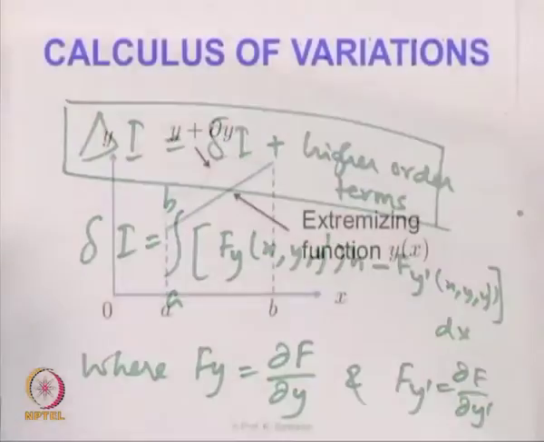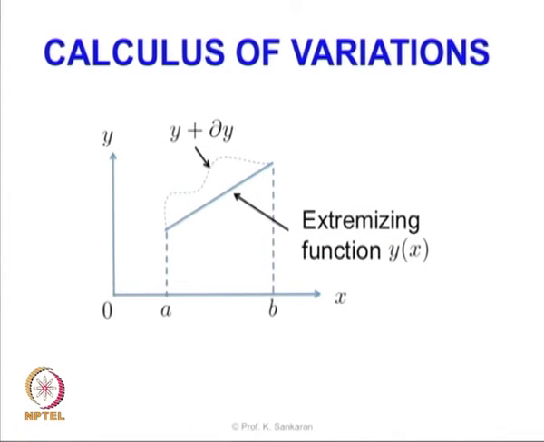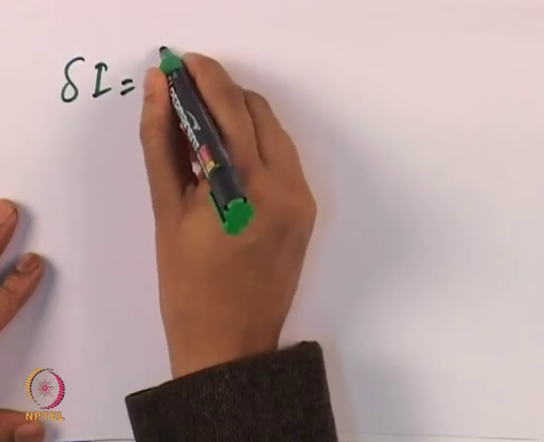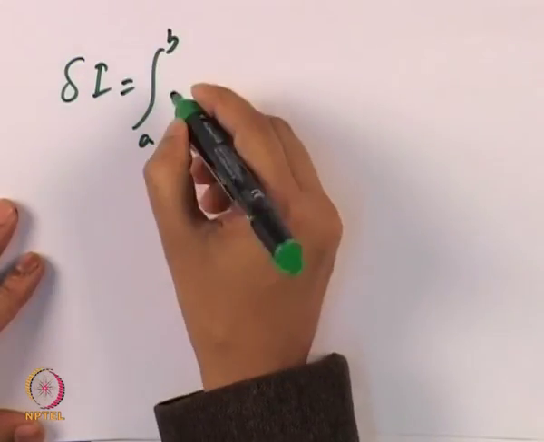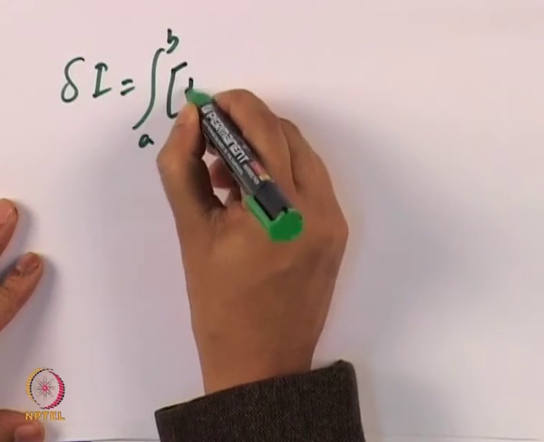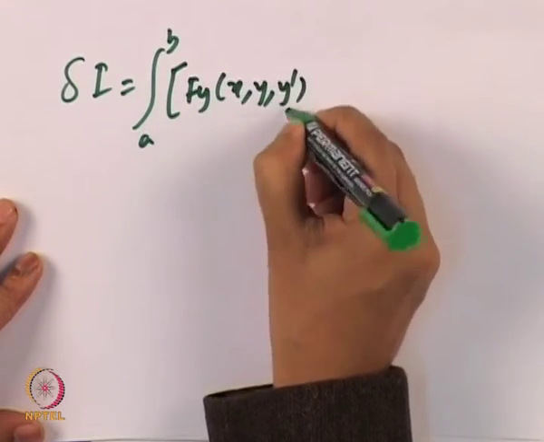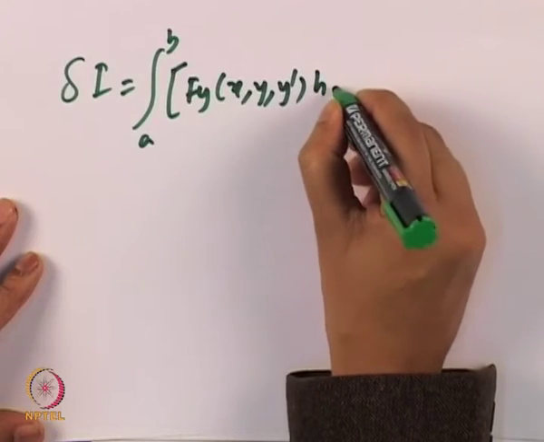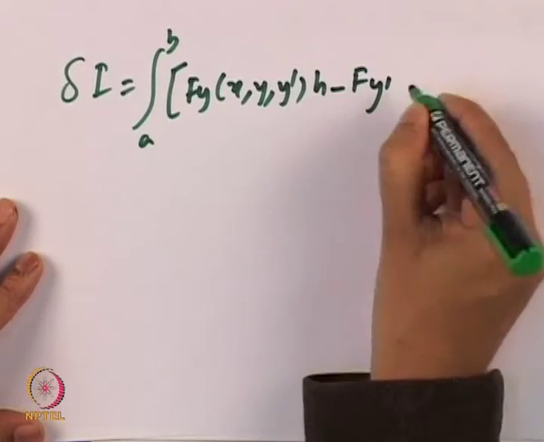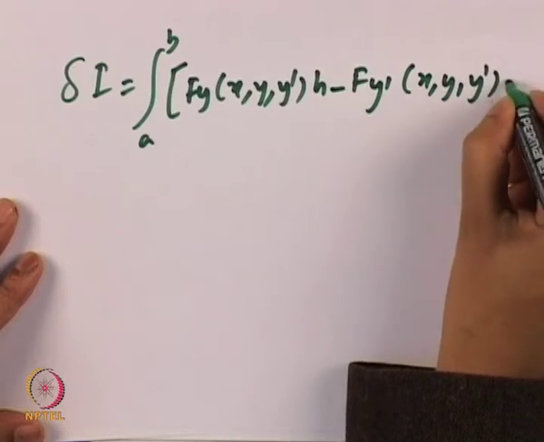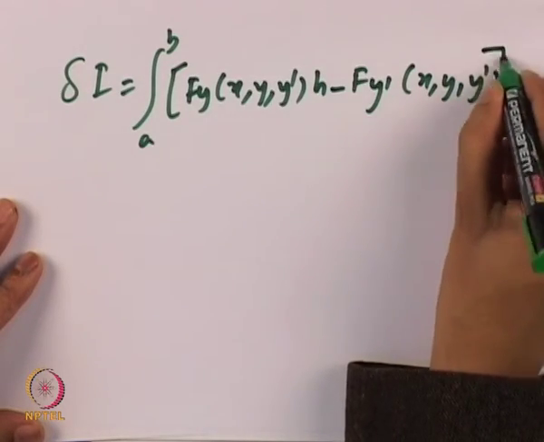So what we will do now is apply the method of integration by parts. Initially we have dou I equal to the integral from a to b of f of y x comma y dash multiplied by h minus f of y dash x comma y dash dx.